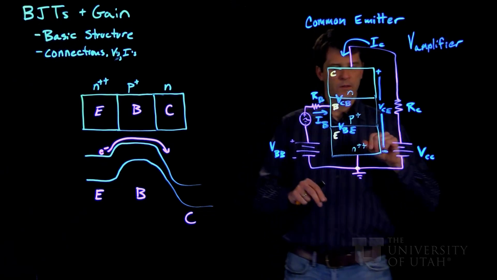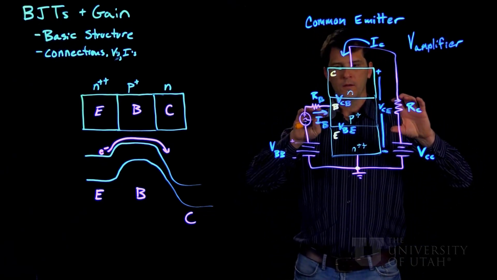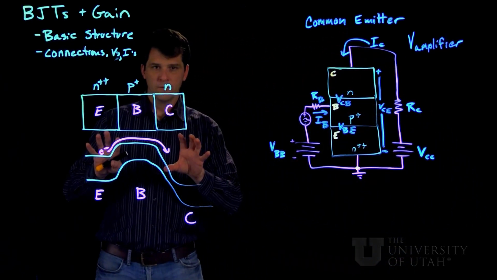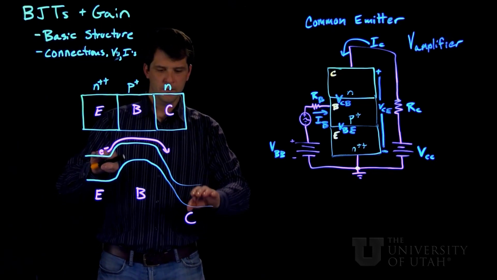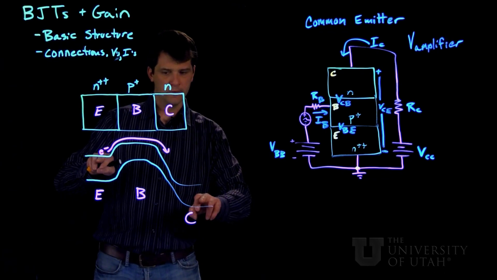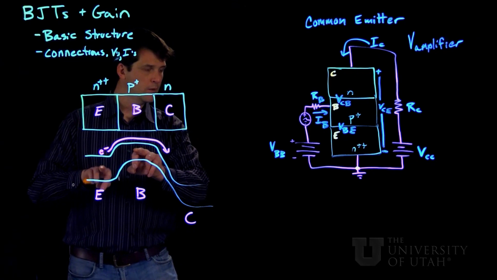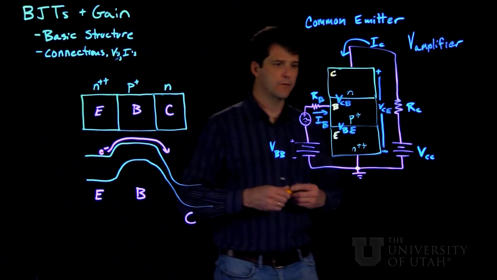So these two voltages do not result in orthogonal changes in this diagram. So the VCC voltage affects from here to here all the way across the transistor, whereas the VBB voltage only affects from here to here. But it makes it easier to keep track of the currents that we need to keep track of.